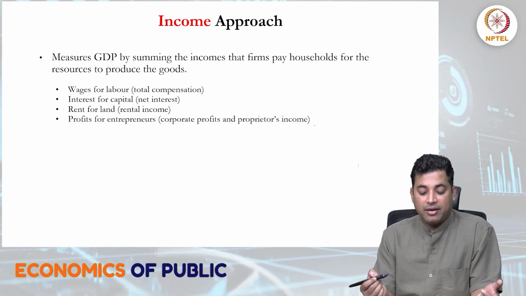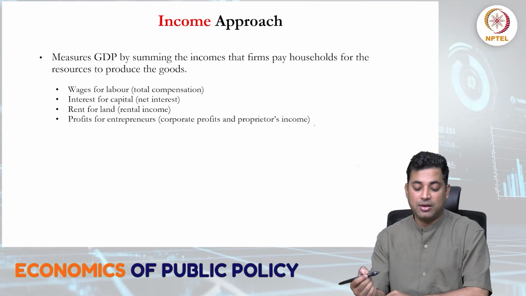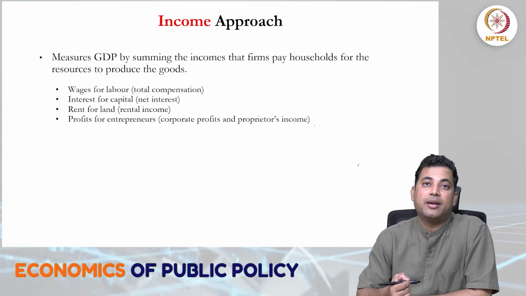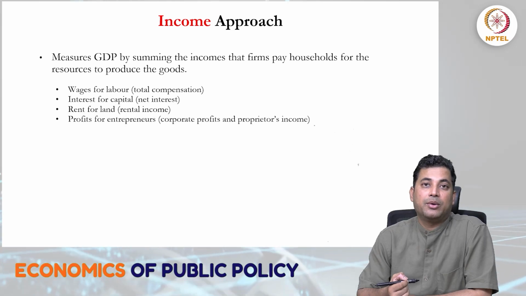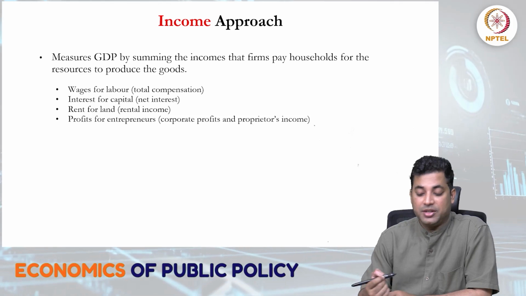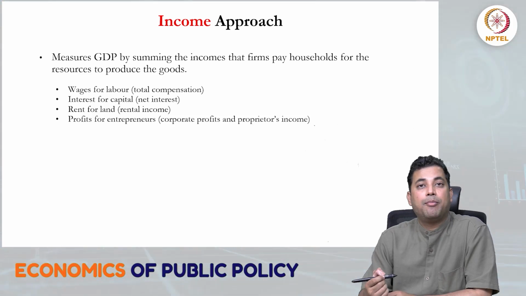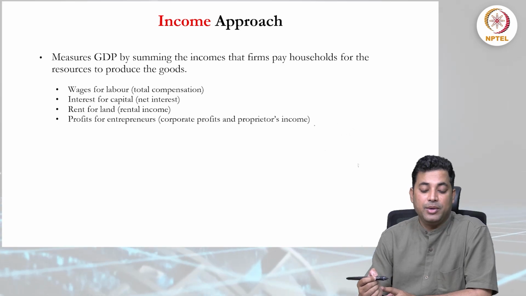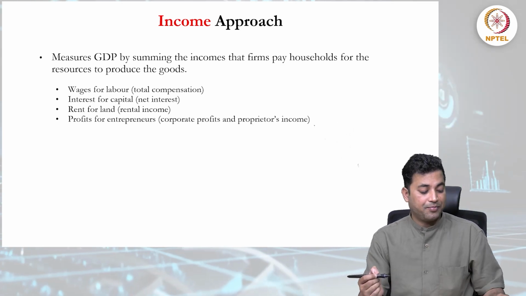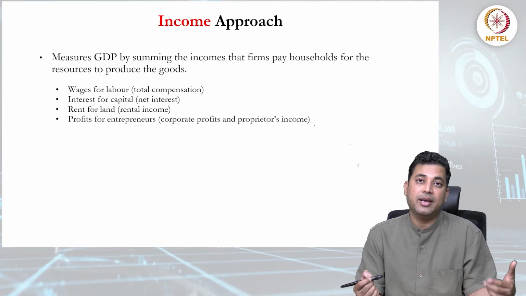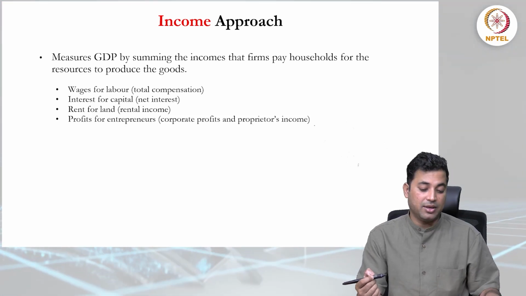So in case of income calculations, corporate profits and proprietors' income will be taken into account while calculating total national output, which is GDP. So this is the income approach which we follow when we calculate GDP, if the economy is considering the income approach for GDP calculations.